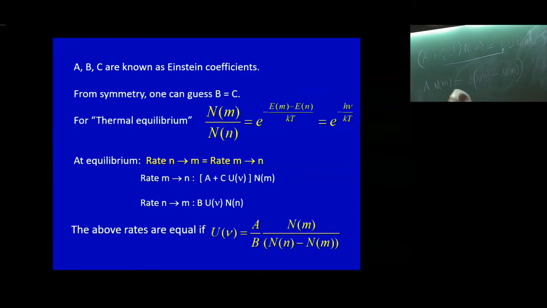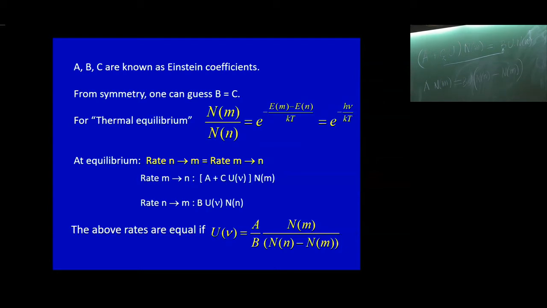Therefore, A over B, the ratio of the Einstein coefficient A over B is equal to, no, something is wrong, right? B times U. Yeah, U is what I want. Otherwise the sign is okay? Correct. Yeah, that's fine.